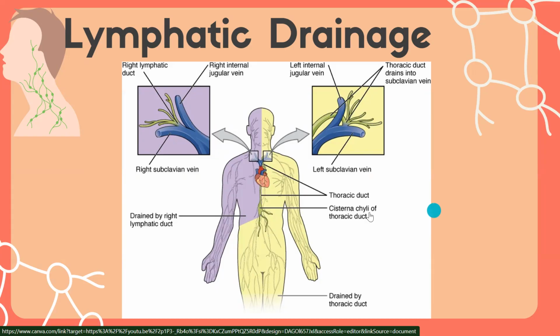So along the way, you'll see these little dots or nodes within our lymphatic system in our lymph vessels. And so those nodes are kind of our checkpoints along the way that are going to help clean that blood before it makes it all the way back to the heart.